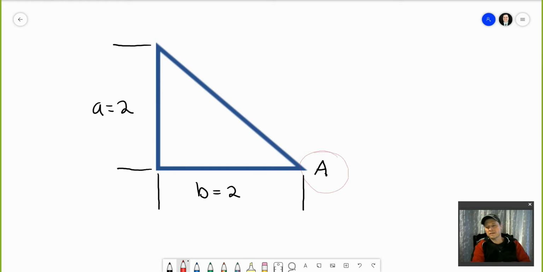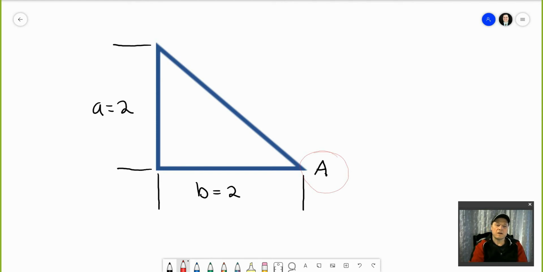Okay, so it's not just some random angle. Any angle that we are trying to solve, or any angle that we are using in a formula, that is the angle that determines how we read a triangle. And I'm going to go into a little bit more detail about that in just a minute.